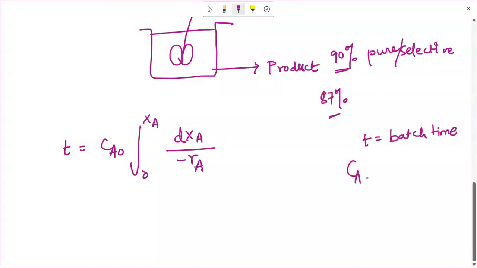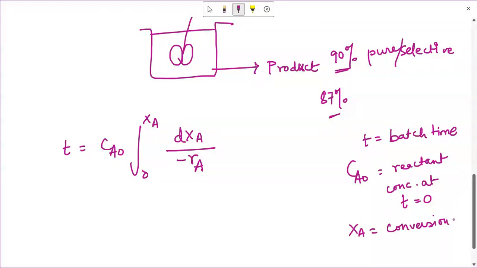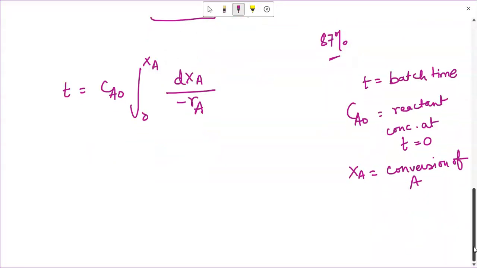Ca0 is the reactant concentration at t equals 0, that is at the starting time. Xa is the conversion of A, and -Ra is the consumption kinetics equation of A. I'm just considering a very basic single reaction, A gives product.